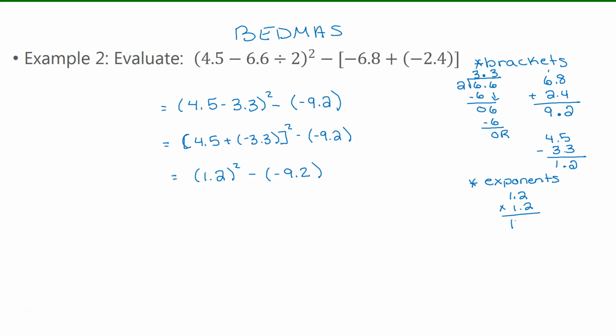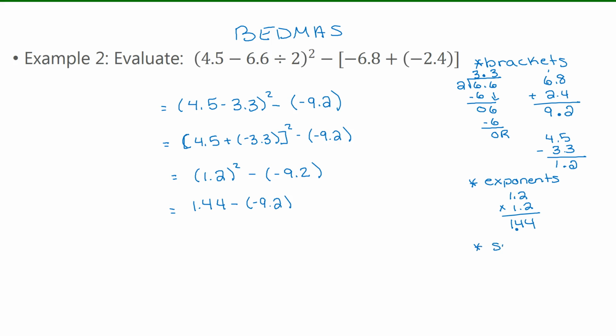I know 12 times 12 is 144. So now let's place our decimal. The first number has 1 decimal place. The second number also has 1. So altogether, my answer should have 2 decimal places. So it becomes 1.44. So 1.44 take away, and then negative 9.2.